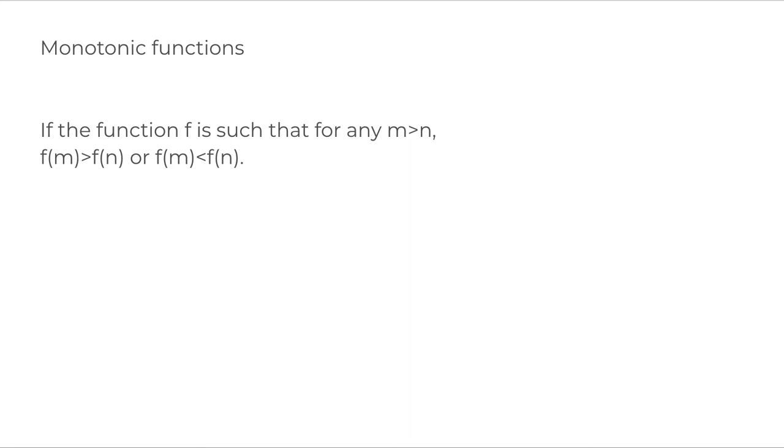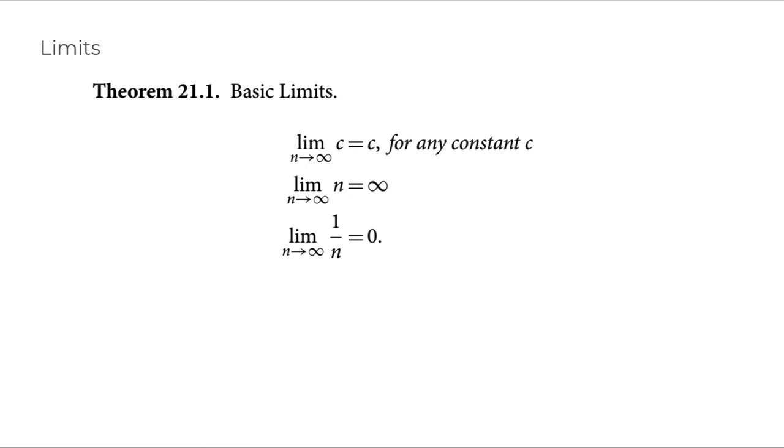Okay, so that was what an algorithm is, and let's look at limits for now, so that we can define orders in a better way. So very basic concepts of limits. If you have a constant c, then whatever the value of n be, it wouldn't affect the limit as n tends to infinity for c, which would always be c.